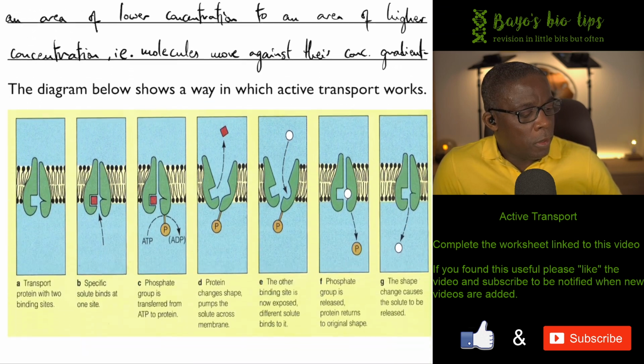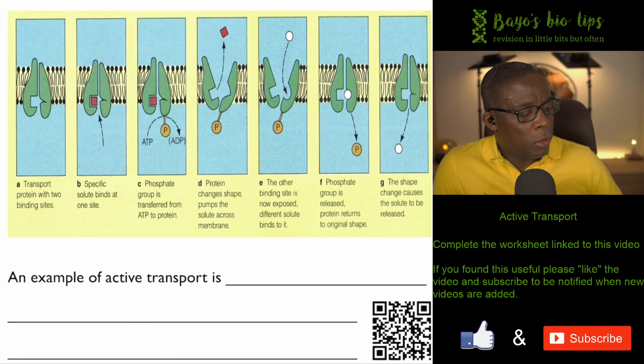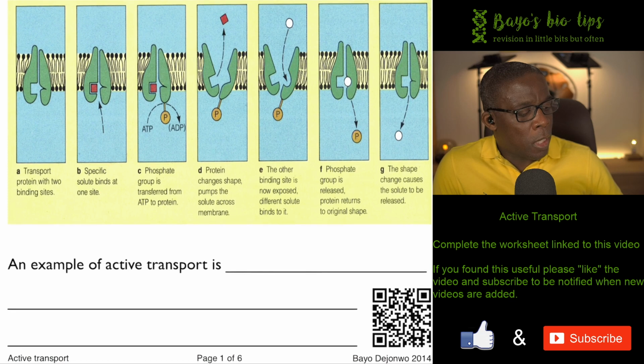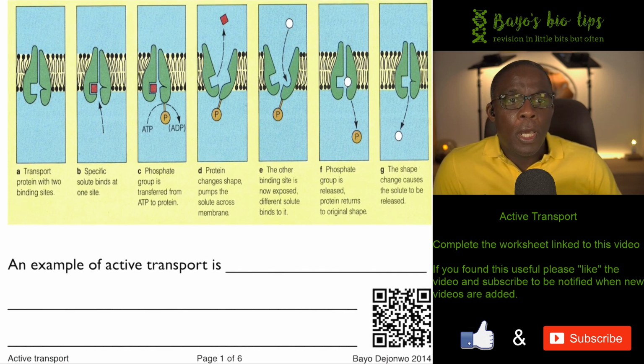Okay, so at the bottom, you've got a diagram that shows one way in which active transport could work. As you can see, you've got a green molecule, a protein embedded in the membrane of the cell. That protein can temporarily bind to a substance and then allow it to pass through the membrane and across either into or out of a cell.